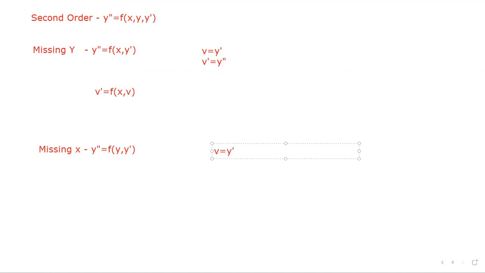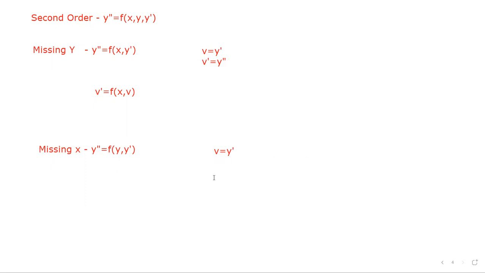Problem is that in this equation, we're now going to have v primes and y's. So we want our v prime to be in terms of y, a derivative with respect to y. What we have so far is y prime is with respect to x's. It's a dy dx. So we do need to make a little bit of a change here.